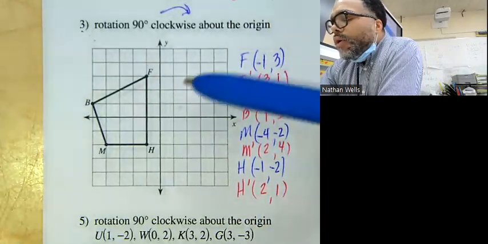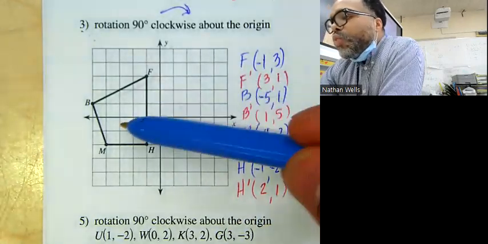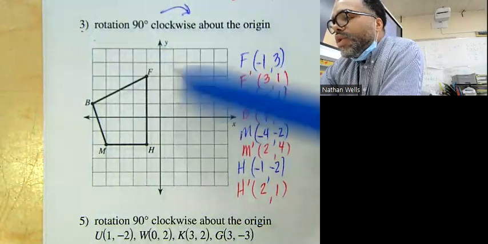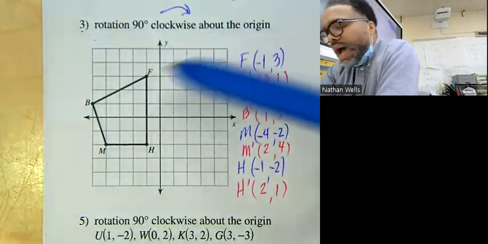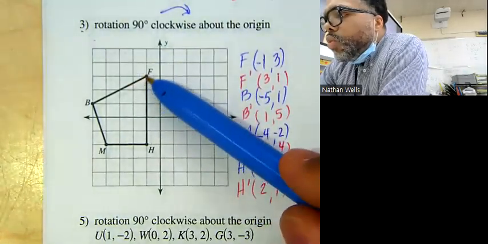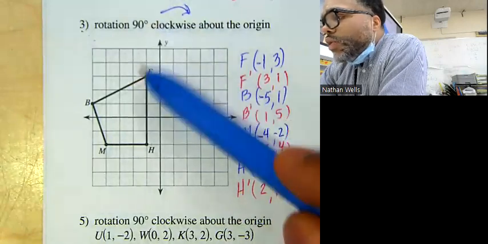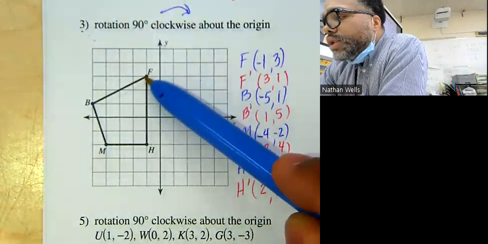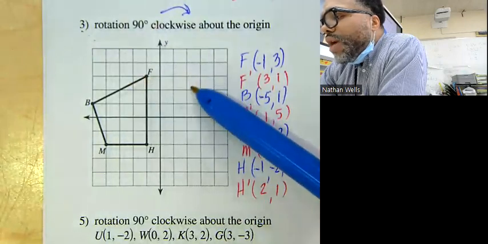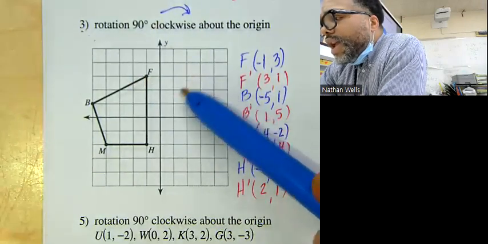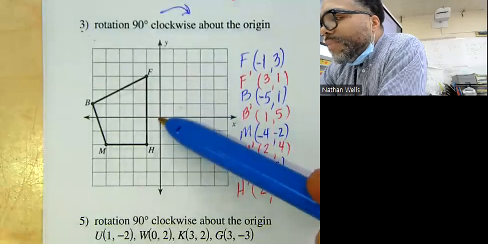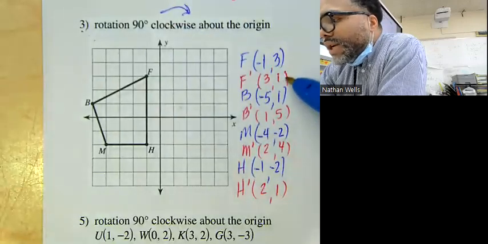Then our destination quadrant, where we're going, determines our negative and positives for X and Y. So wherever your original point starts, 90 degrees is 1 quadrant over. So we're going to go 1 quadrant to the right for F prime, and my X values are positive, my Y values are positive. So that's good.